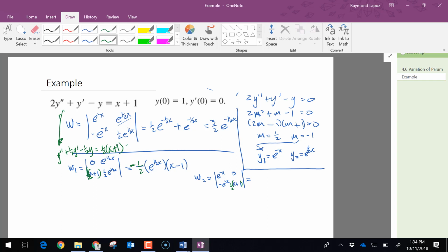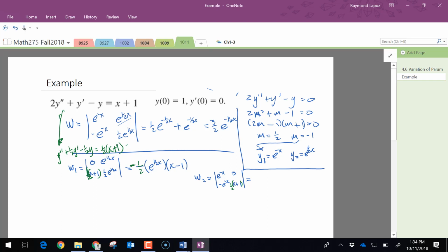Okay. So now let's find the determinant. I'm going to put the 1/2 first, e to the minus x, and then x plus 1. Okay? Yes?